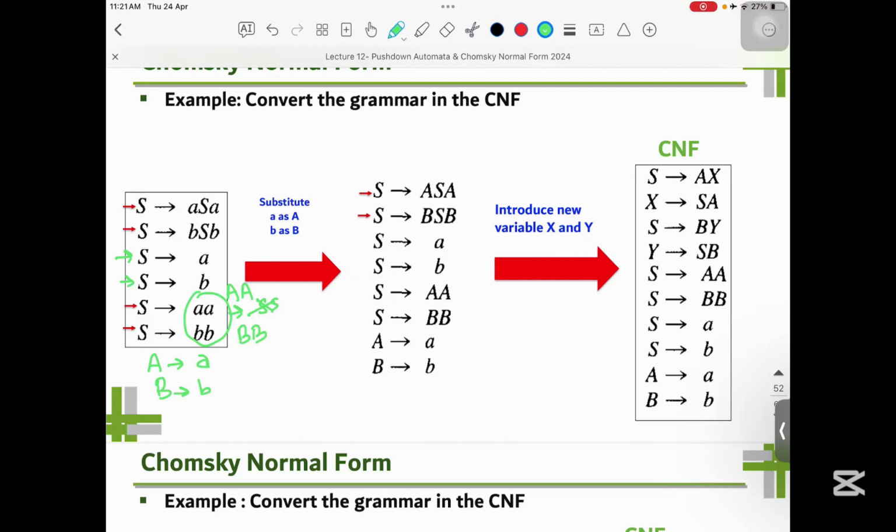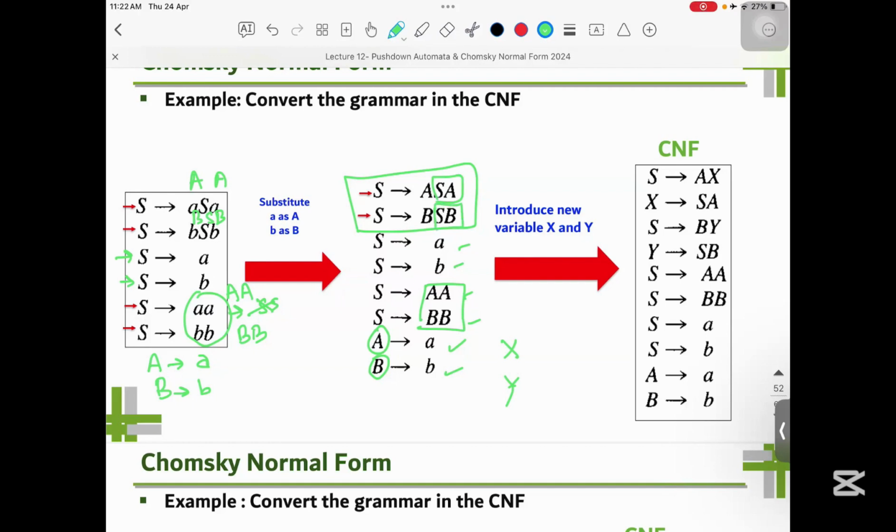So what I did, I introduced two non-terminal variables, and all of these are so far in Chomsky. Only the problem is on this particular side. So here also I replace this with ASA and BSB. So the problem is now because of this. So let's propose two more variables, which are X and Y. For example, we will make X as SA and Y as SB.